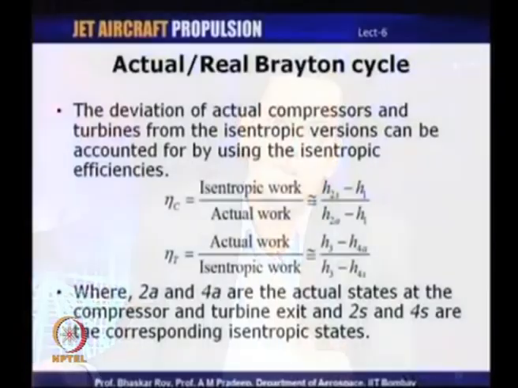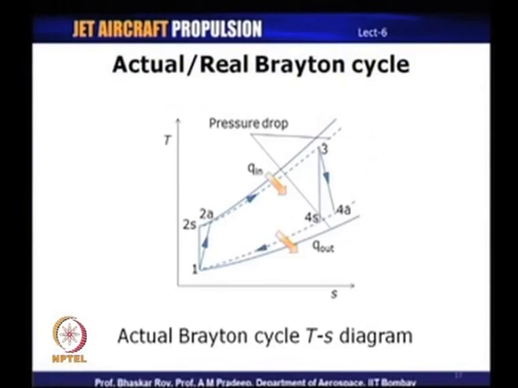For a turbine it is the other way around, because the work output of an actual turbine will be lower than the isentropic work output. Therefore, the isentropic efficiency of a turbine is equal to the ratio of the actual work to the isentropic work. It will be a little more clear if we go back to the TS diagram and look at these definitions once again.